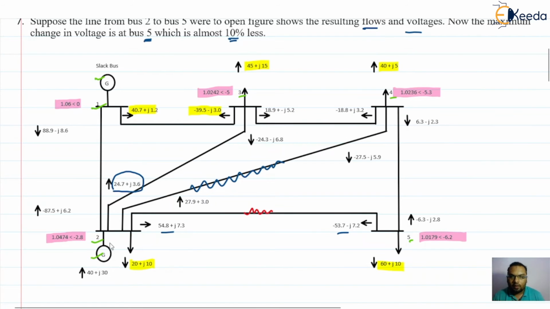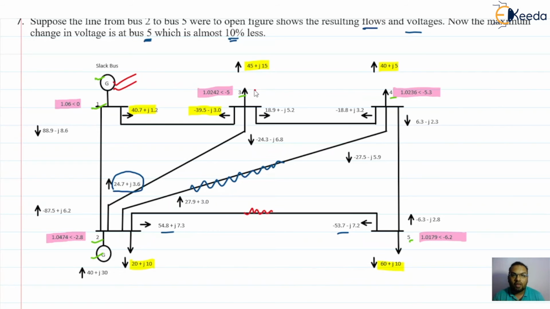Consider the generator connected at bus 2 is now going to fail. The load of this generator will be taken by the generator connected at the slack bus, because in the system we have only 2 generators, and out of that one is failing. So all the load will be shifted to the generator connected at the slack bus.